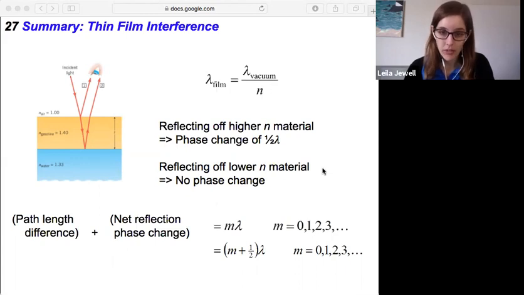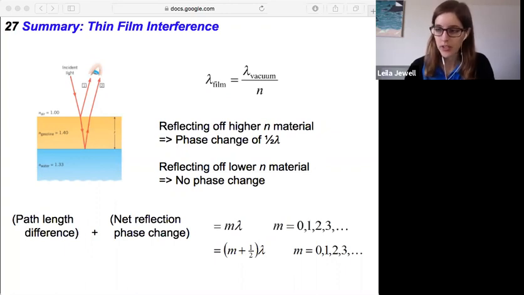If it's off a lower n material, there's no phase change. If they're both a phase change of half a wavelength, the net change would still be 0. The path length difference we saw is always 2t, and it's equal to our condition for constructive or destructive interference, either m lambda or m plus 1/2 lambda. So that's a handy synopsis of it.